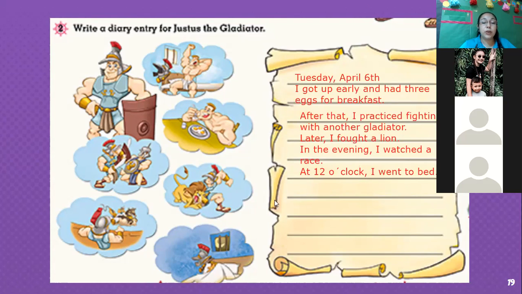Good job. Okay, remember, you developed similar to this one, the evidence in your notebook. Okay, so you have some actions in your virtual agenda. So you write a diary entry and you can follow this example. Okay, you write the date, an introduction, you write in first person singular, the verb in past, use time expressions, and you do it in chronological order.